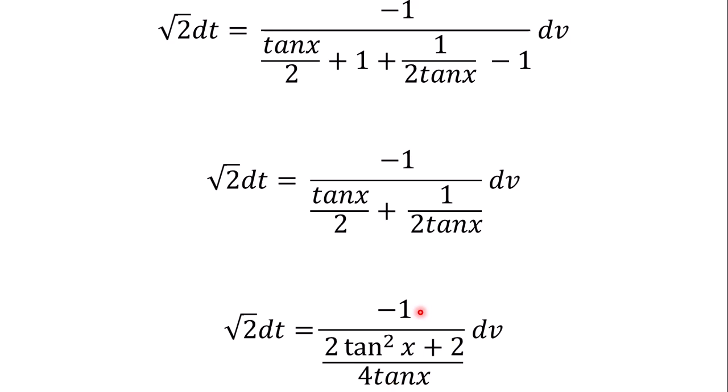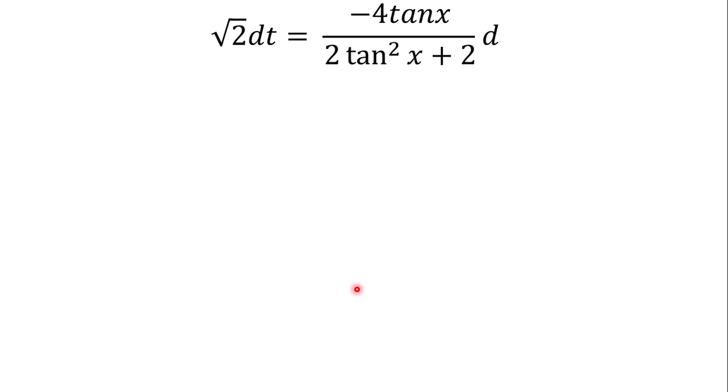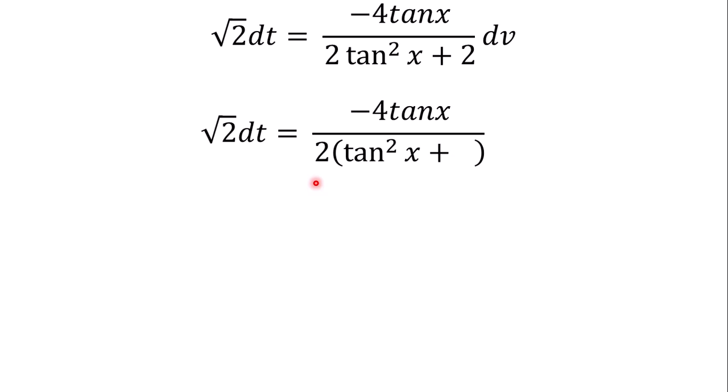This one will come up here, and minus 1 multiplied by 4 tangent x will be what, minus 4 tangent x. Let's factor 2 out from this. When we do, it's going to be 2 into bracket tangent x squared plus 1. Two will cancel out with this 4 to give us what, minus 2. So it will be minus 2 tangent x.